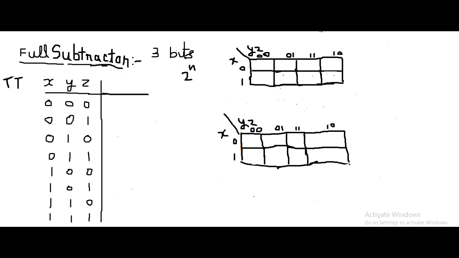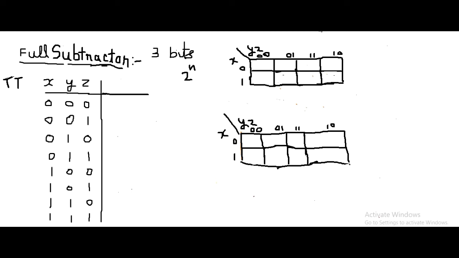So what is a full subtractor? A full subtractor is used to subtract 3 binary bits, or we can say that a full subtractor is used to subtract 3 1-bit numbers x, y and z.